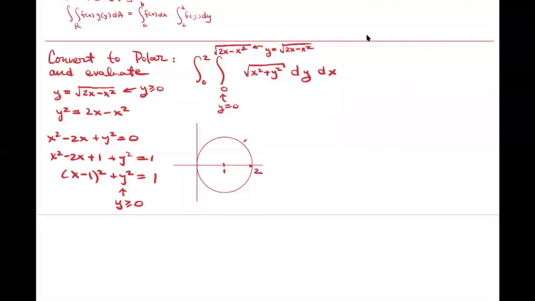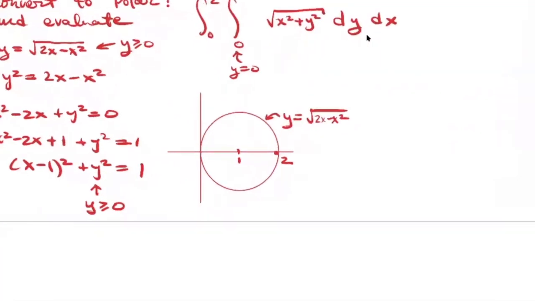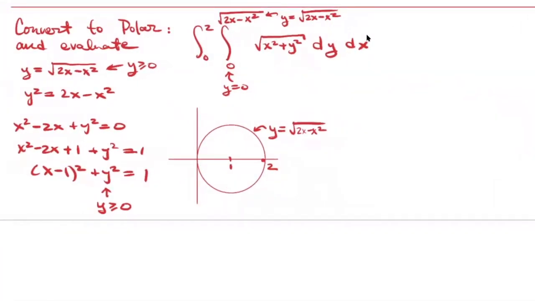So up on top, that's the upper square root, y is the square root of 2x minus x squared. Y equals 0 down on the bottom. I don't want the bottom of the circle, so I'll erase that. Okay, and then we'll just call that region R. Any questions?